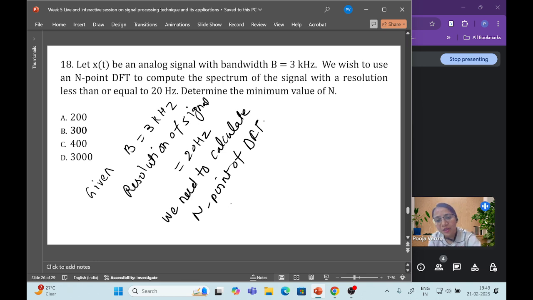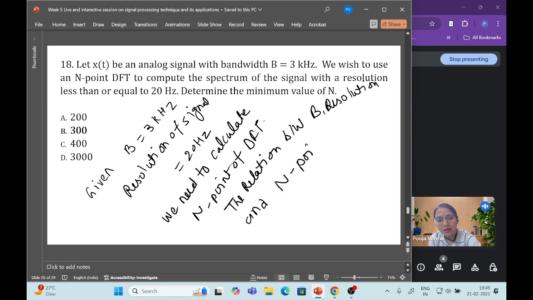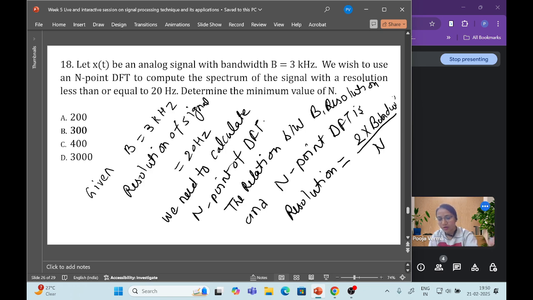The relation between the bandwidth, resolution and N-point DFT is: resolution is equal to 2 into bandwidth divided by N, where N is the N-point DFT.